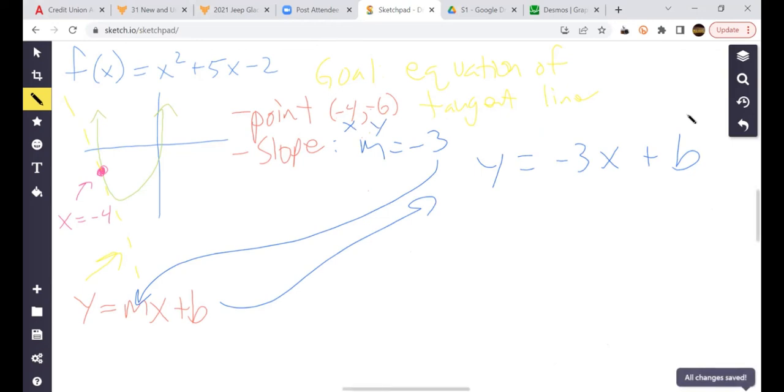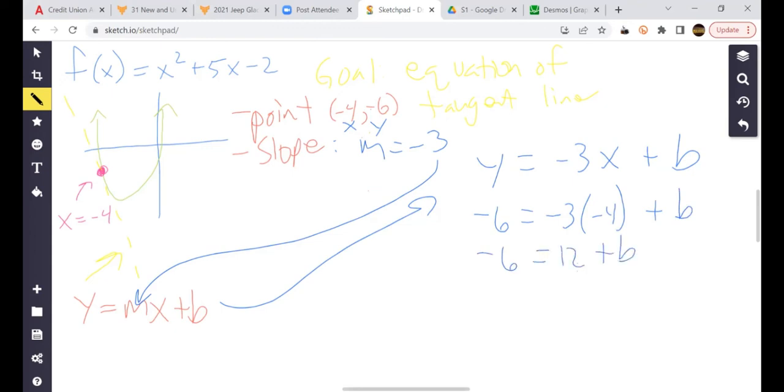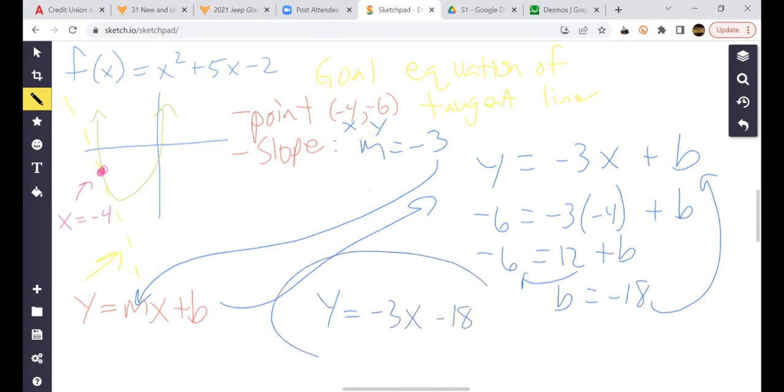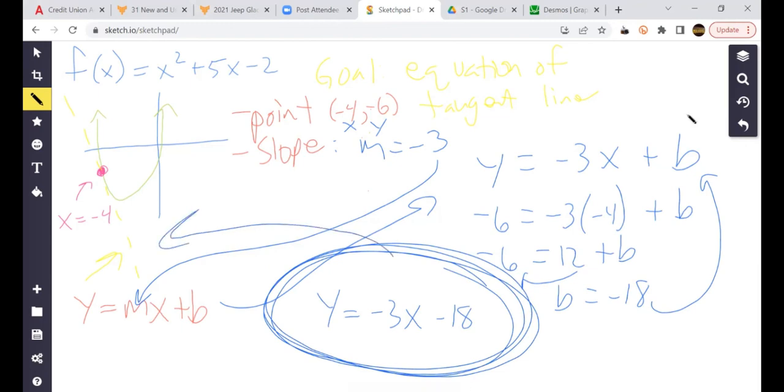That's the whole point of using the point, to plug it in for x and y at this point to discover your b. So negative 6 equals 12 plus b. Subtract it. b equals negative 18, which goes back in there for a final answer of negative 3x minus 18. And this is the equation of your yellow dotted tangent line.